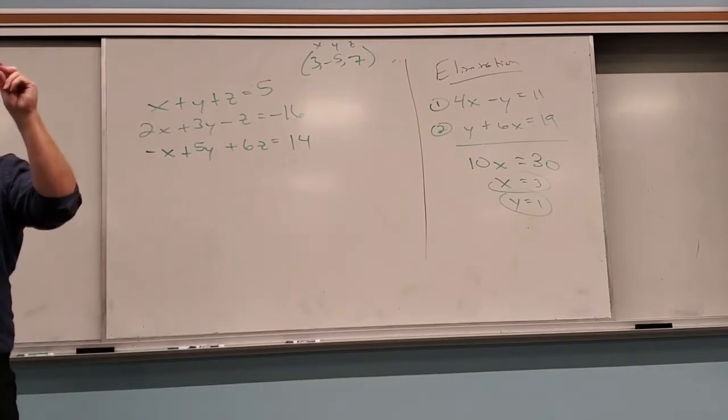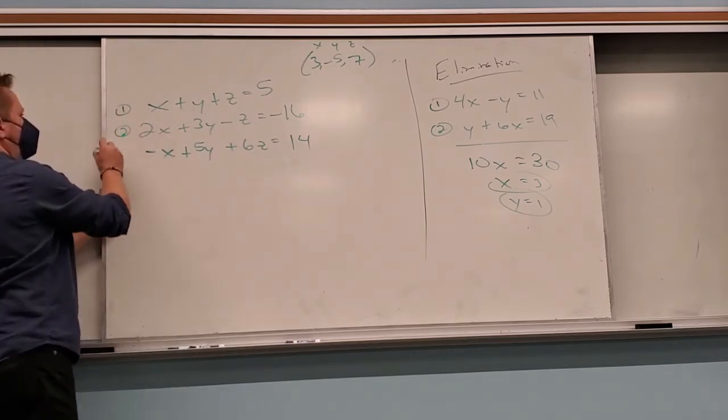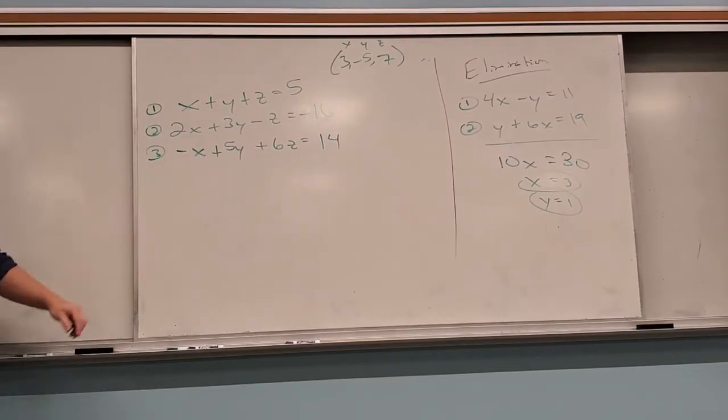Which ones would cancel immediately if I added 2 of these together? So let me see. 1, 2, 3, right? Do you see a variable that if I add 2 of those together, it disappears? X. Did anyone else see another variable? Z. So either one of those I could use immediately, right?